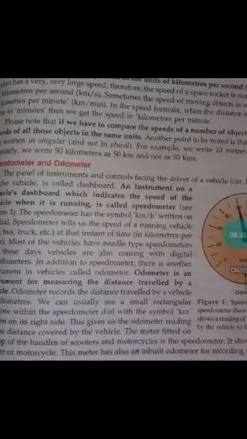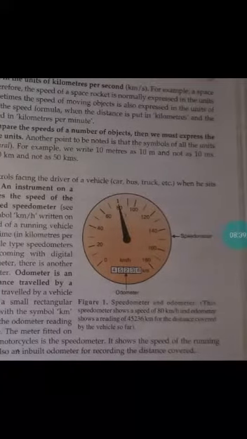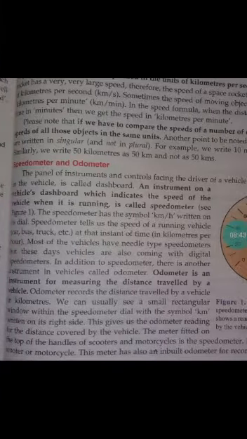Okay, see students, there is a subtopic under speed, that is speedometer and odometer. So what is it? Let's see. The panel of instruments and controls facing the driver of a vehicle is called the dashboard. Vehicle means it can be a car, bus, truck, etc. Have you seen any dashboard? When you travel, the driver sits in a seat, right?